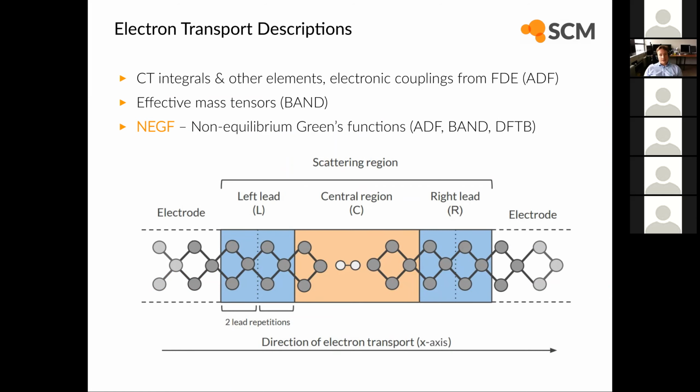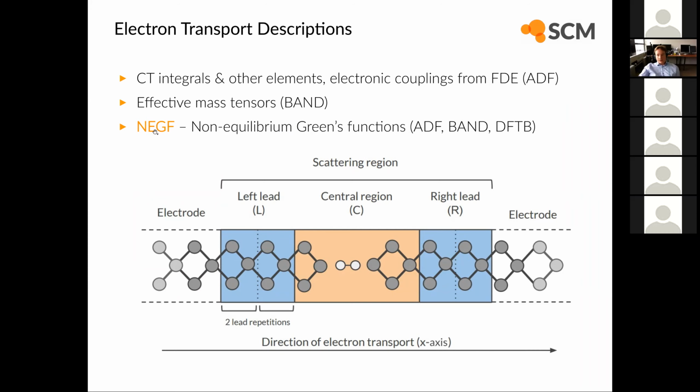Another one would be the implementation of so-called effective mass tensors in bands. So basically, starting from the curvature of the band structure, one is able to derive an effective mass tensor, which means one is able to derive electron transport phenomena, charge mobilities, in a crystalline material in different directions. And the third method relies on the non-equilibrium Green's function formalism.